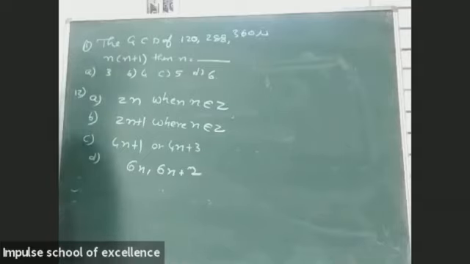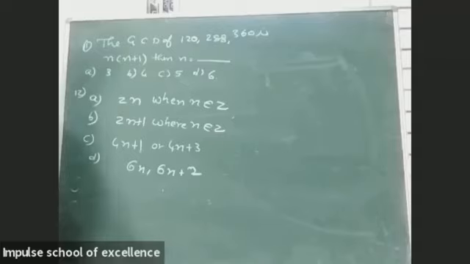First option, every positive even integer is of the form 2n, where n is an integer. Second option, every positive odd integer is of the form 2n plus 1, where n is an integer. Third one, every positive odd integer is in the form of 4n plus 1 or 4n plus 3.